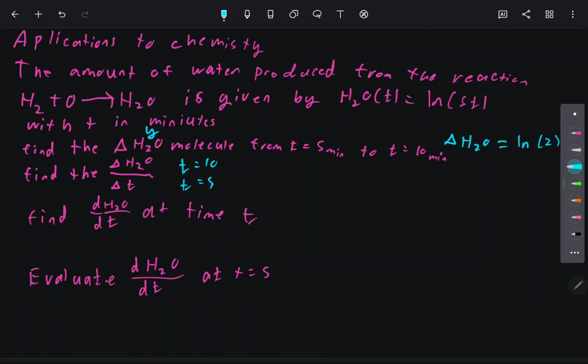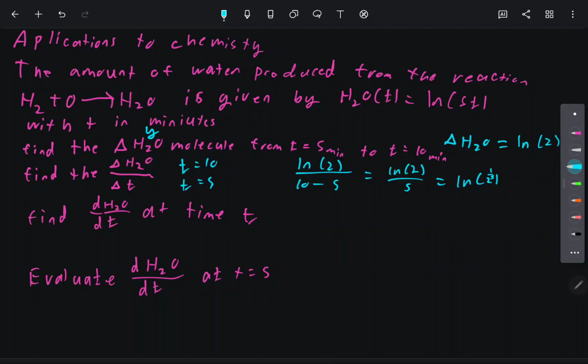So we take this natural log of 2 and put it over 10 minus 5, which is going to give us a result of the natural log of 2 over 5. Or if you want to rewrite that, that's also the same thing as natural log of 2 to the power of 1/5. Not very much more useful like that.